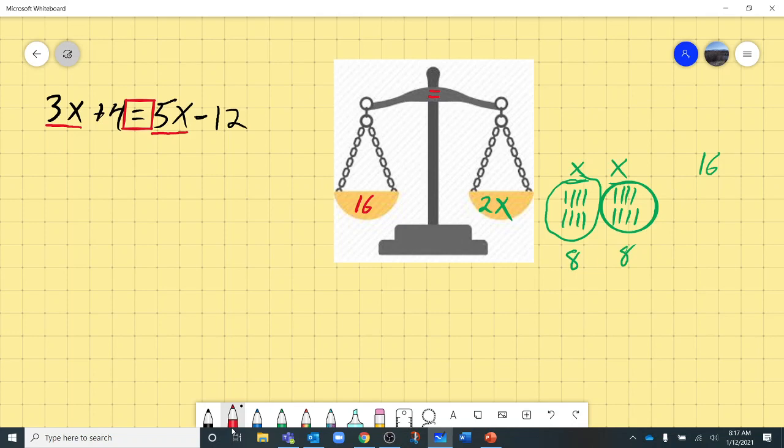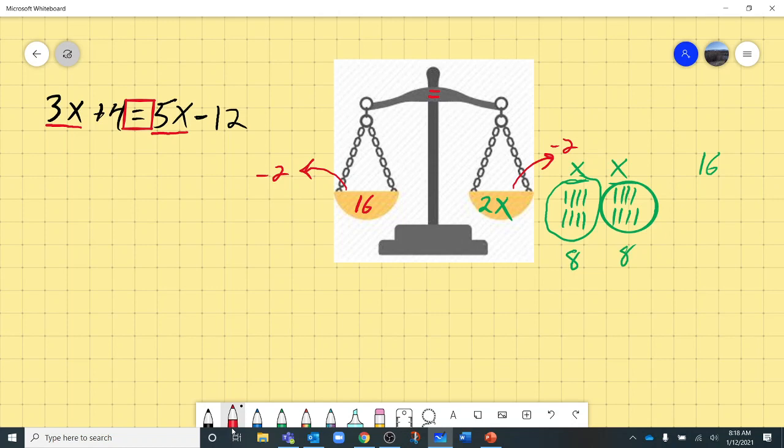So if we took out 2 from the 16, then that would be 14, right? If we just took out 2. But if we took out 2 from this side, remember the 2 isn't the same thing as an x. The numbers and the x's are different things. And because we found out that x is equal to 8, taking out 2 doesn't really work here. It doesn't give us just the x because we can't take the 2 away from the x.